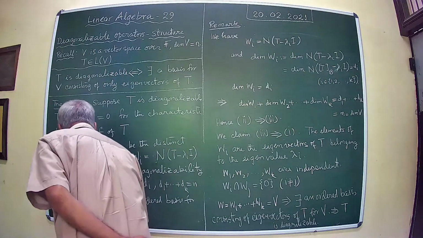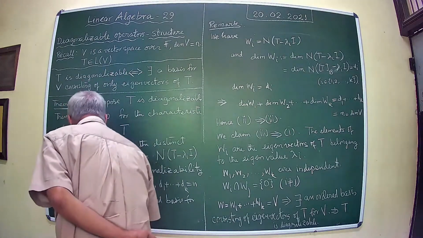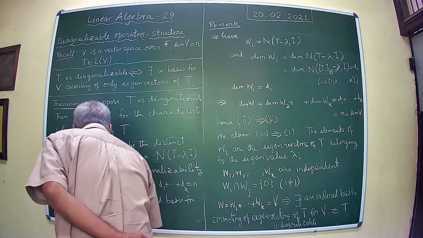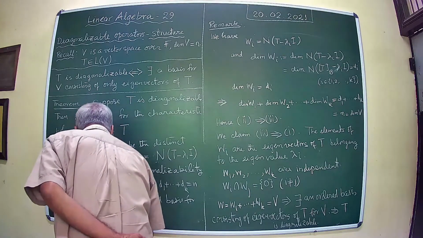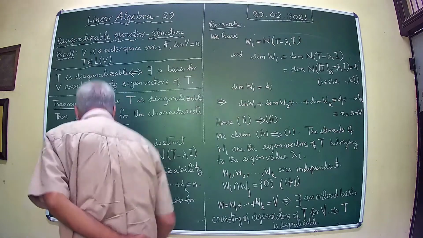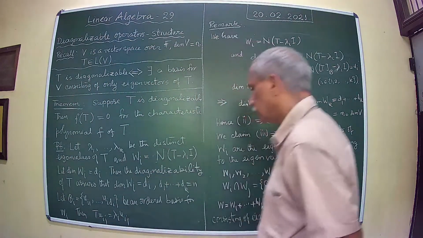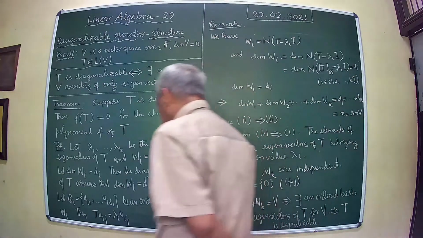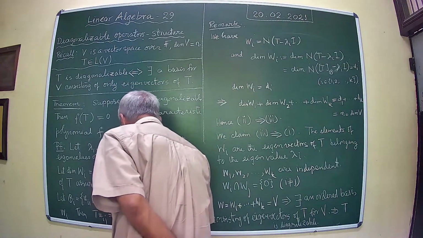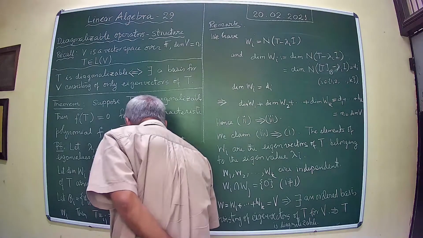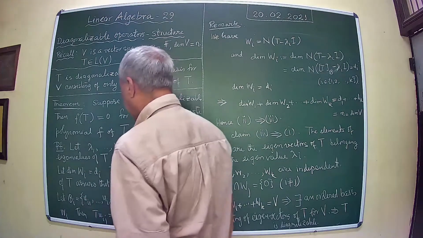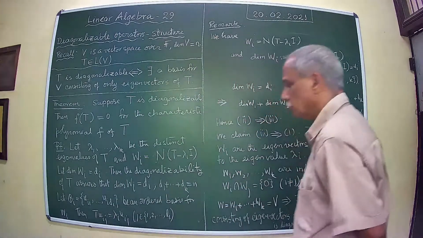We have T of u_ij equal to lambda i u_ij for j from 1 to di, and this is also true for every i.